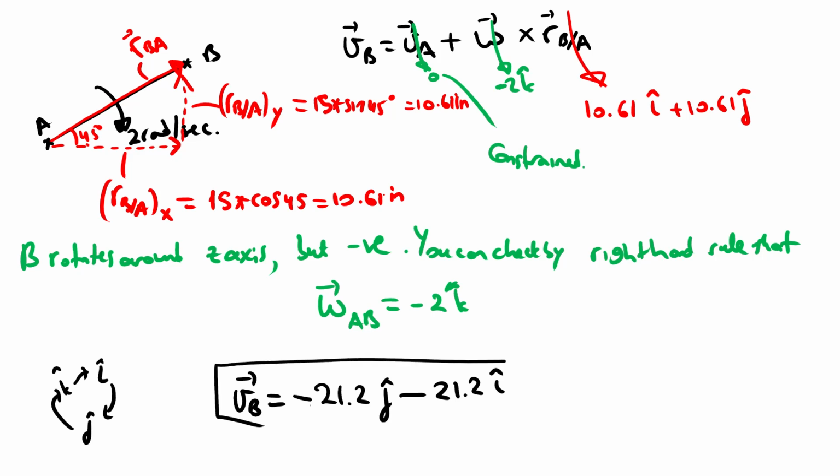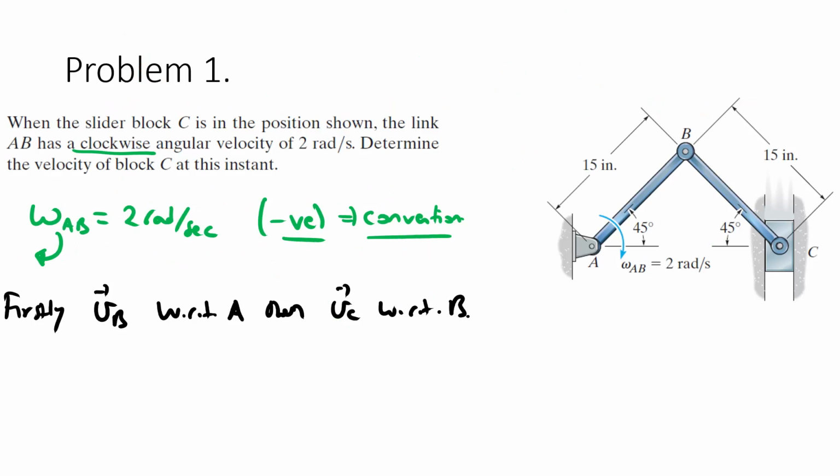That is the velocity of the point B. Now we need to find the velocity of C using the velocity of the point B.